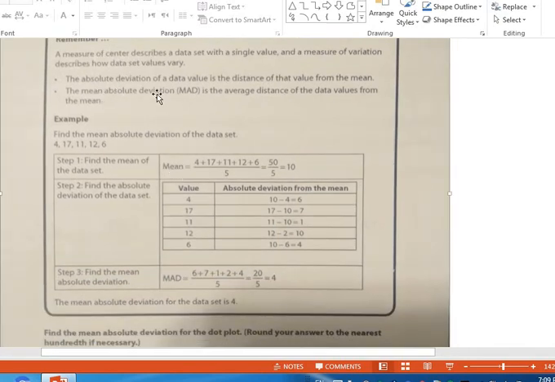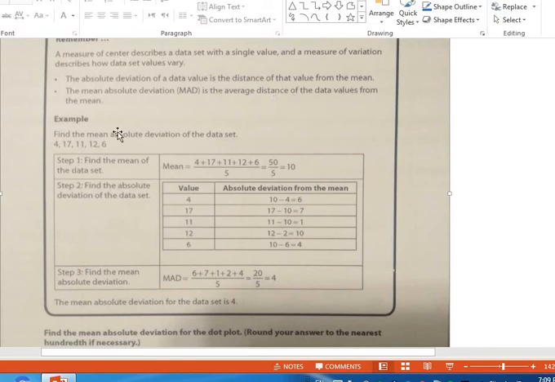The absolute deviation of a data value is the distance of that value from the mean, and here it's important. The mean absolute deviation, here MAD, is the average distance of the data values from the mean.